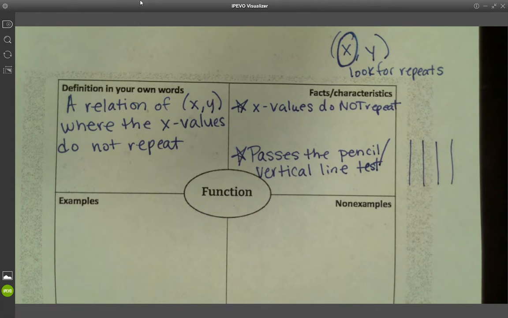So I have some examples we're going to look at. So I have these little pieces of paper. We're going to just redraw them. Y'all can write on these, and then we can trash them. So look at these examples and decide which one is and which one isn't a function.